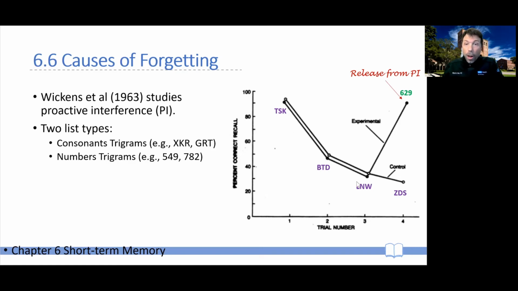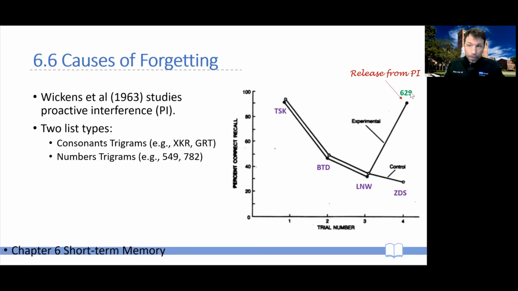Letters, consonants, are not going to interfere proactively with your ability to encode and to recall a digits trigram. So in a sense, there isn't a conflict between the same kind of information. So this definitely shows that interference plays a role in short-term memory.